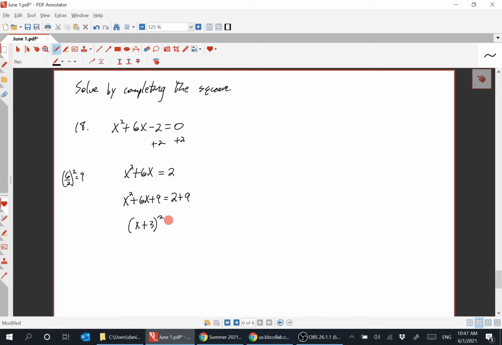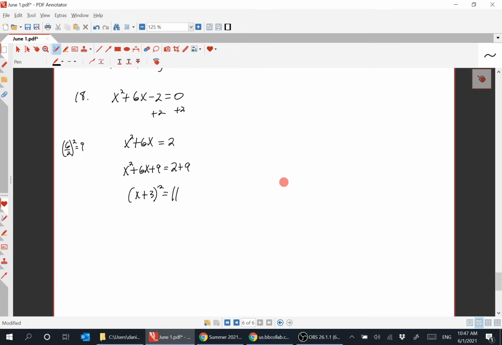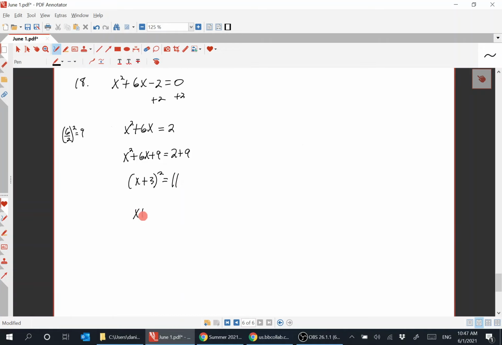And now you can apply the square root. So the square root of x plus 3 squared is equal to the square root of 11. And this is why it doesn't factor, because the square root of 11 is not an integer. I mean, how many integers are perfect squares?